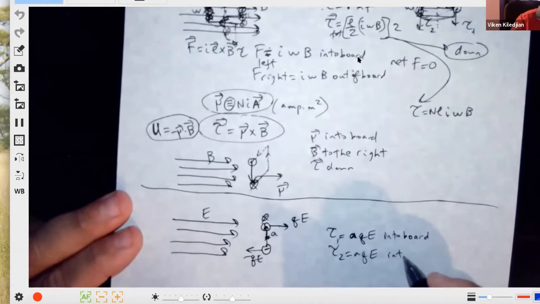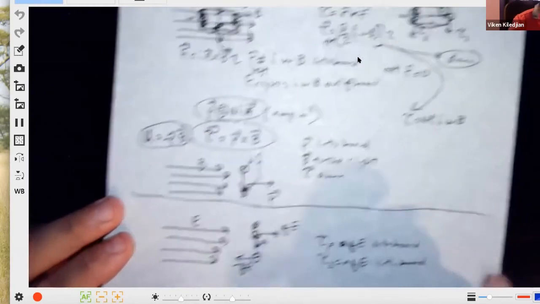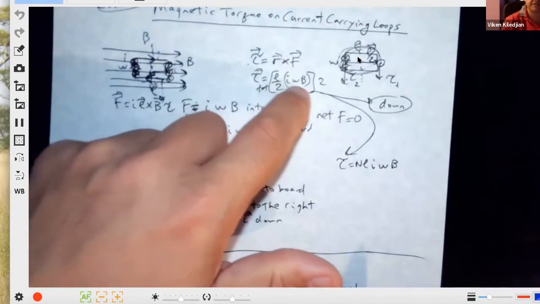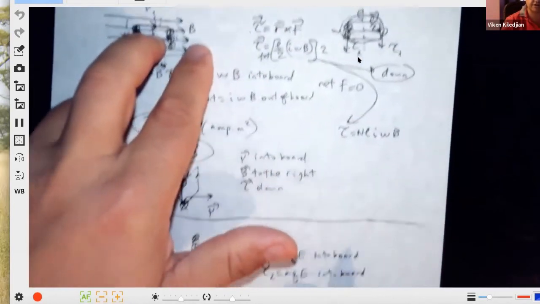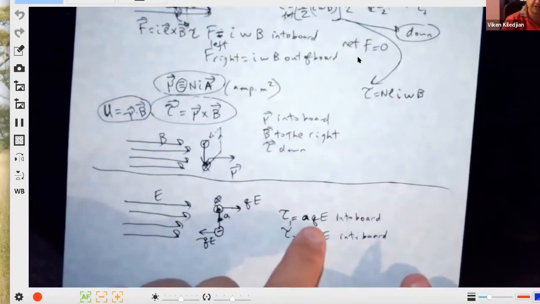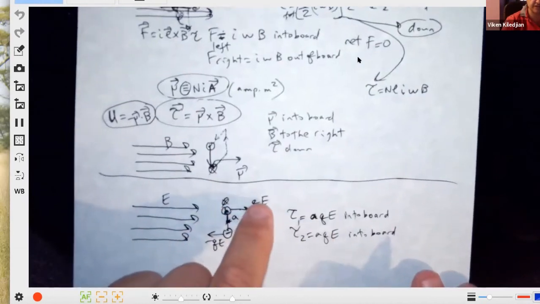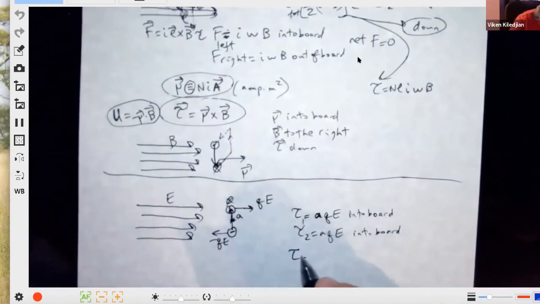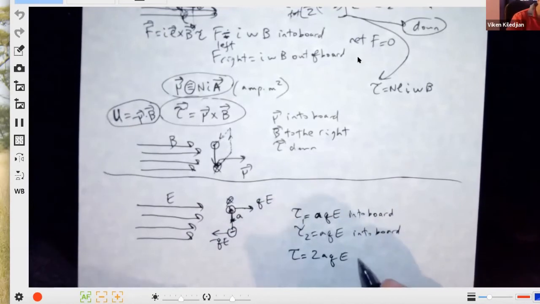A similar derivation. Here you're doing R cross F, where F is the force on each segment of the wire. Here you're doing R cross F, where you're using the force of the electric field on each charge. Then you're adding them up, so you're getting the net torque into the board.